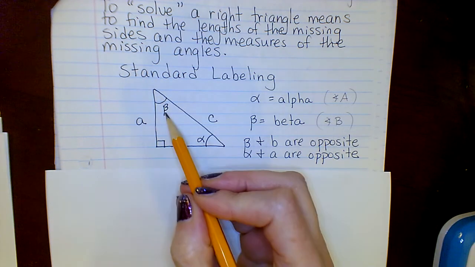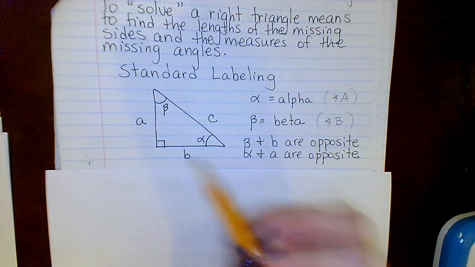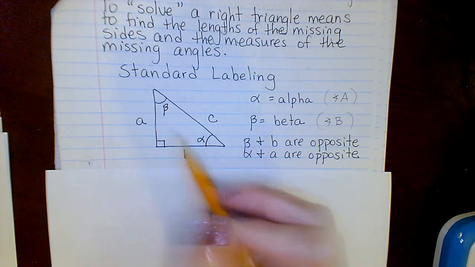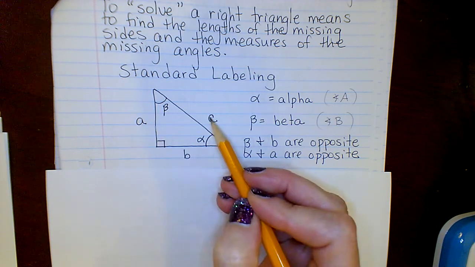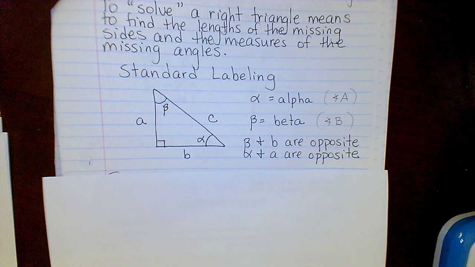Angle B is beta. B and beta are always opposite each other, A and alpha are always opposite, C and the right angle are always opposite.